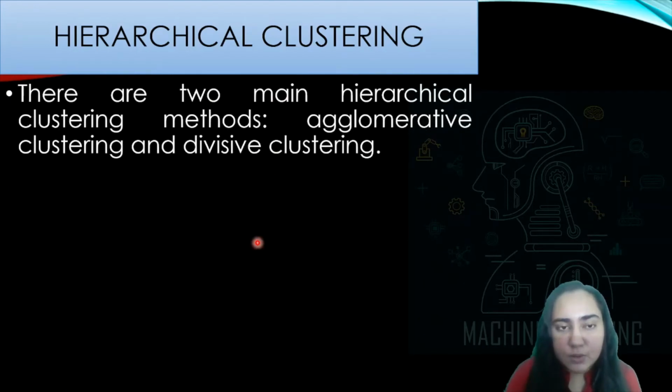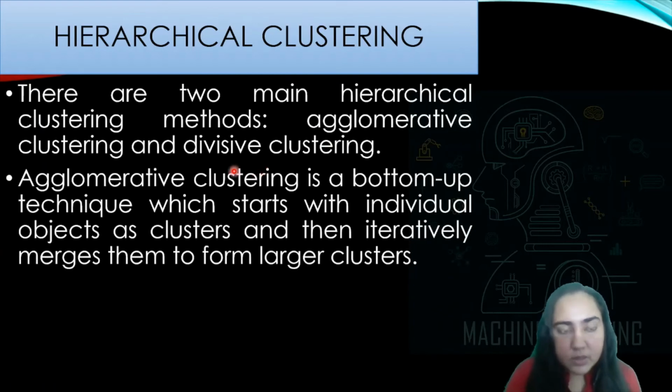And there are two main algorithms or methods to perform hierarchical clustering. One is agglomerative clustering, the other one is divisive clustering. In agglomerative clustering, you use a bottom-up technique, which means you consider each object as an individual and then group them into clusters iteratively and go on merging and forming larger clusters till you reach the desired number of clusters.